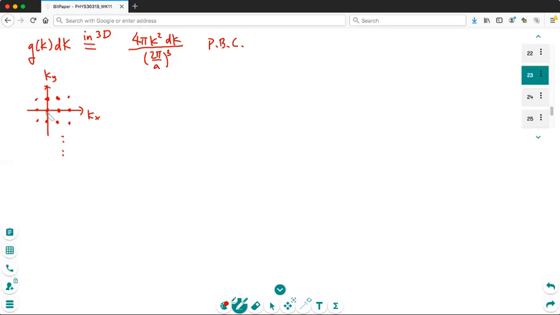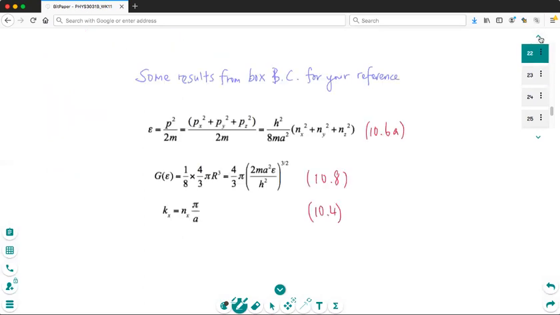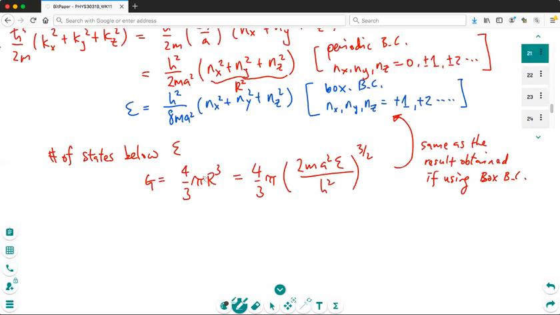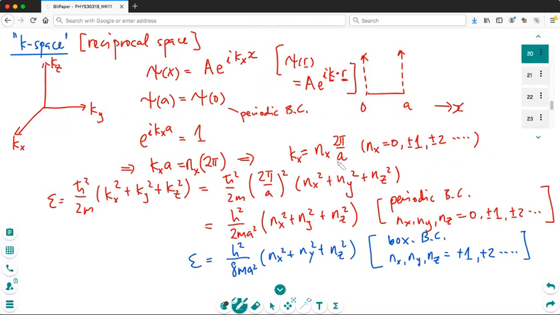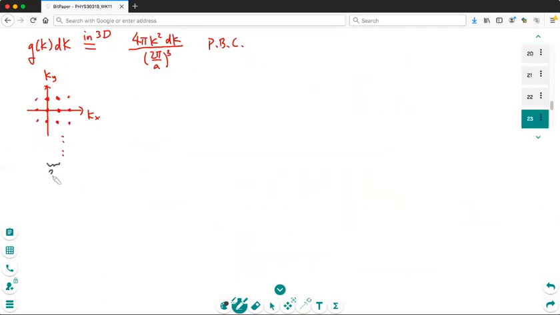So what is the distance between the adjacent points? If you look at this, sorry, I'm going to go up by 2 slides. If you look at this separation between k, here, a little bit up, maybe I mess up this, right? So the separation between the adjacent points is when you let n be some number, and the adjacent point will be this n plus 1. So the separation is 2 pi over a. Okay, so I will have 2 pi over a here.